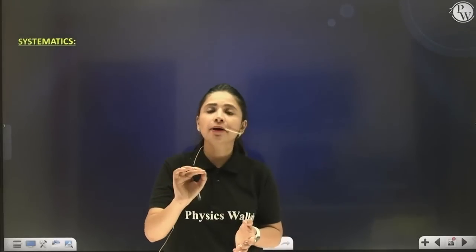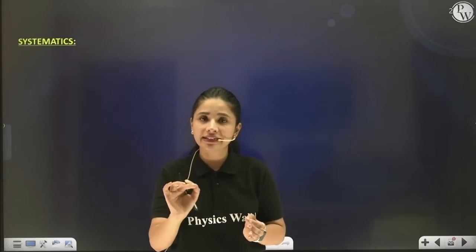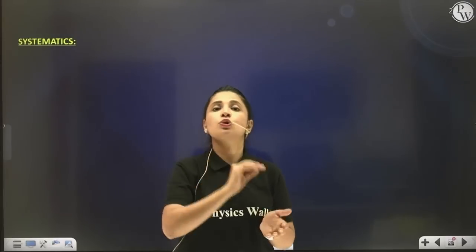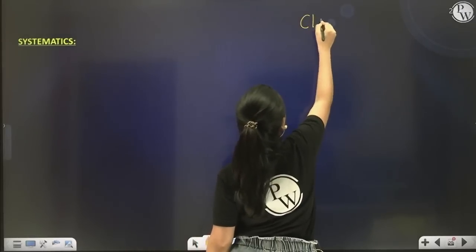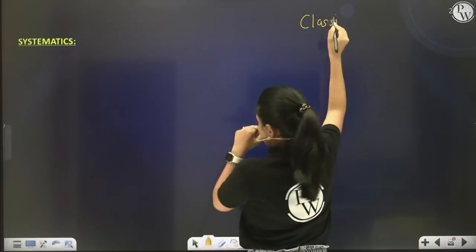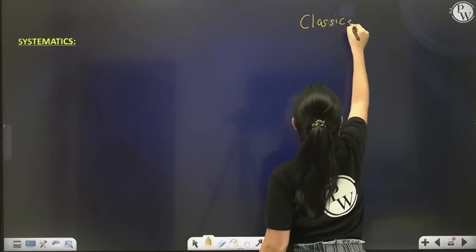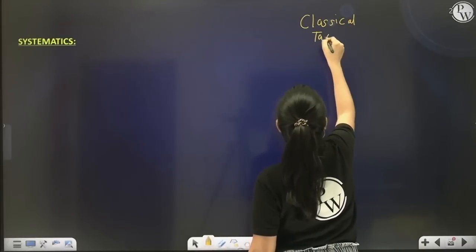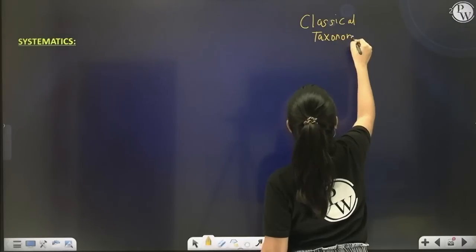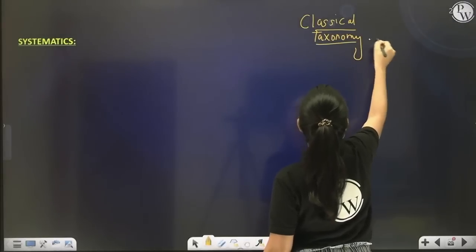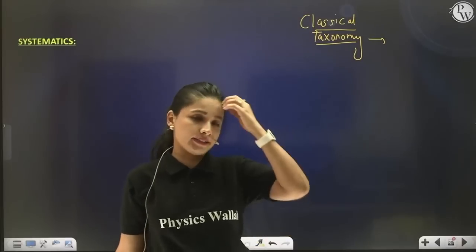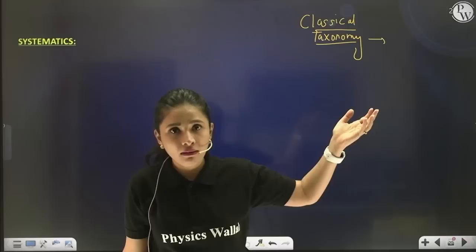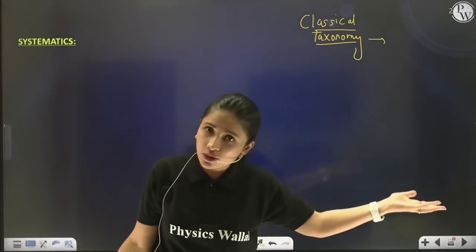Clear? So the first one to enter is classical taxonomy. See now, the first one is classical taxonomy. The name itself suggests something which is primitive, something which is not new. So when Linnaeus started his work, because that was an old era, at that time no advanced technologies were there.